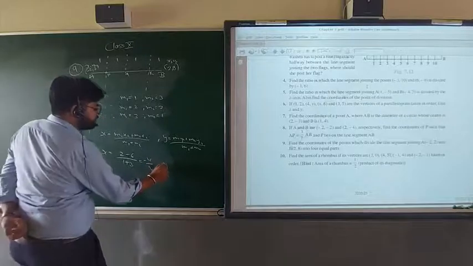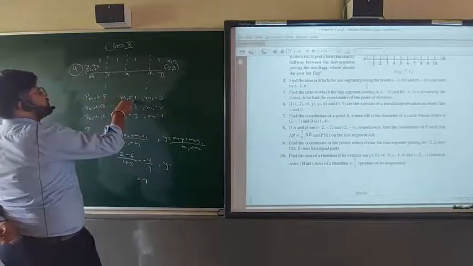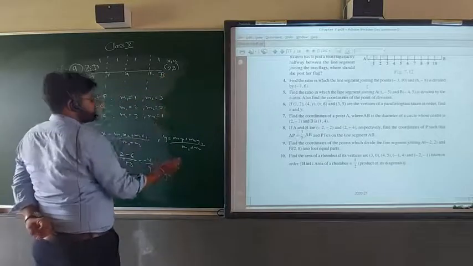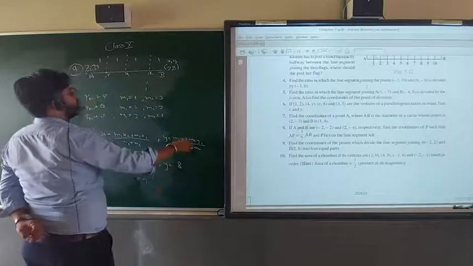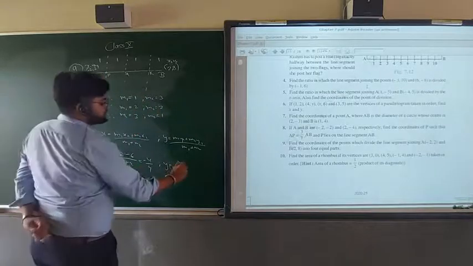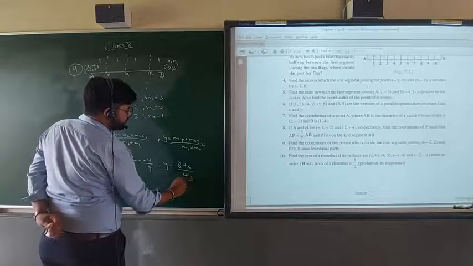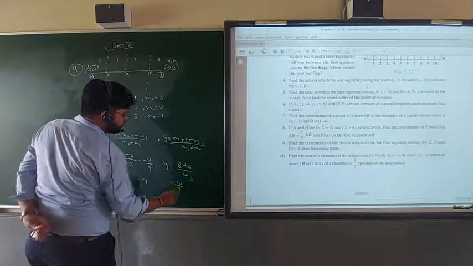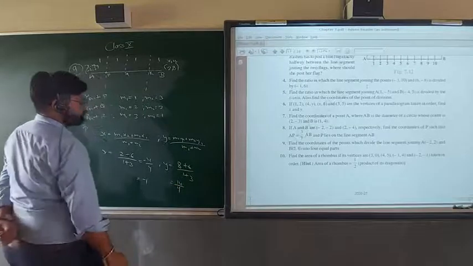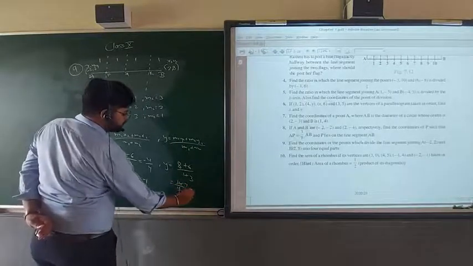Now for y: M1 y2, where M1 is 1 and y2 is 8, so 1 into 8 is 8. M2 y1 is 3 times 2, which is 6. Upon M1 plus M2, 1 plus 3. So 14 upon 4, which is 7 by 2.